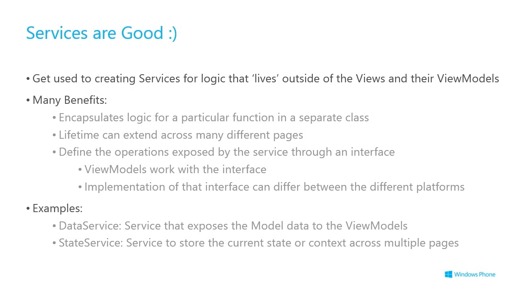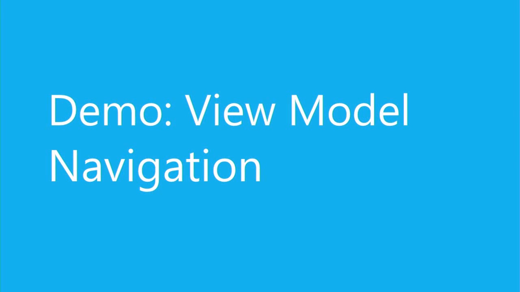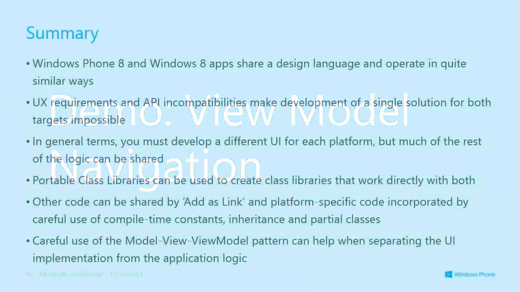This is a good approach for having services like this, so you can remove these differences and keep them from polluting your design. I'm going to skip that demo because we're really getting short of time. The code is available for you to download, so you can have a look at the implementation.